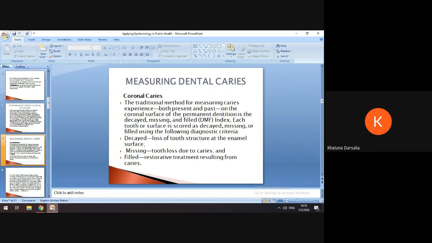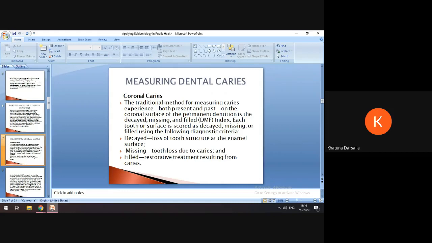Missing is the tooth loss due to caries, and filled is the restorative treatment resulting from caries. Note that because teeth lost as a result of orthodontic or traumatic injury are missing for reasons other than caries, they are not counted as missing in the DMF index.